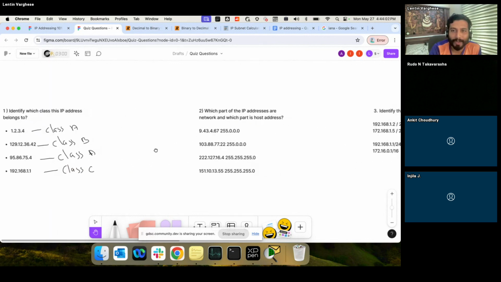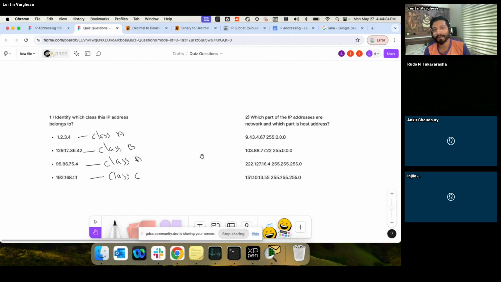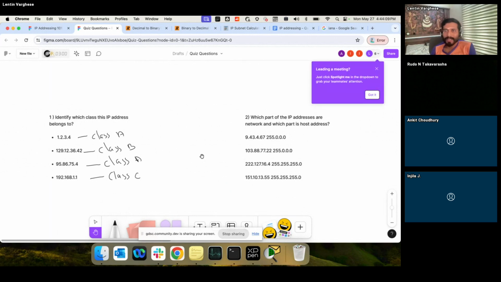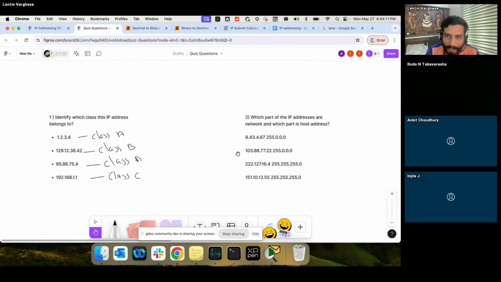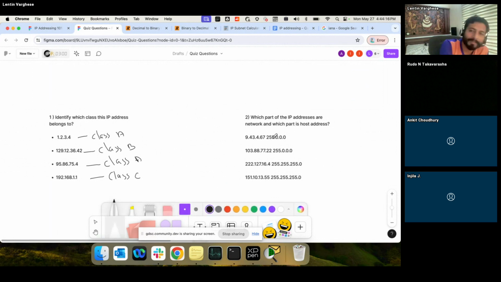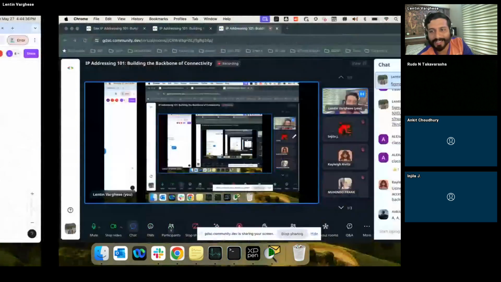Cool. Let's look at one more question. Let's see if you are remembering what I mentioned about subnet mask. Basically, identify the network portion of each of these IP addresses. I'm gonna quickly check the chat.